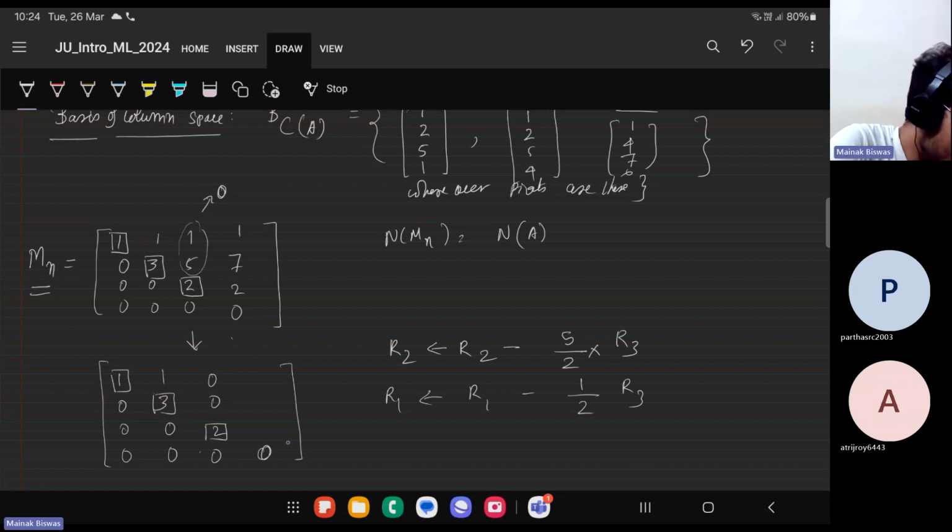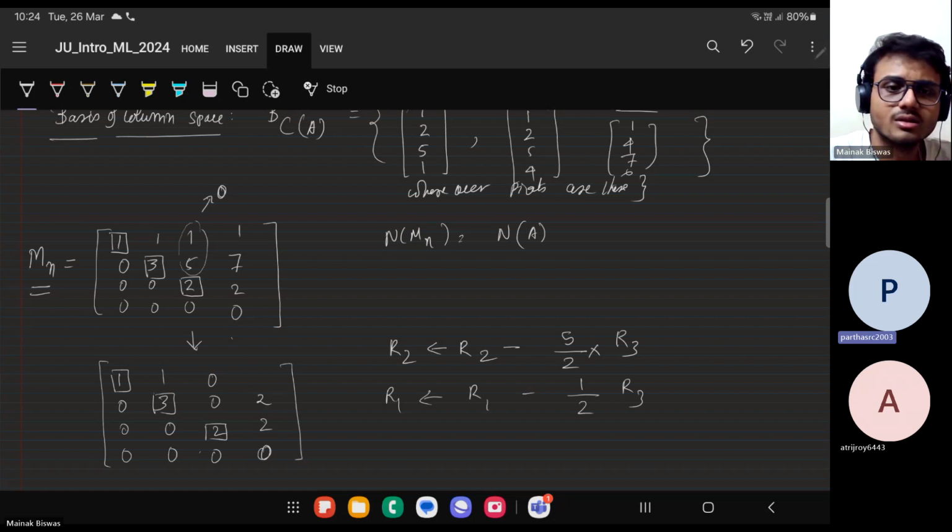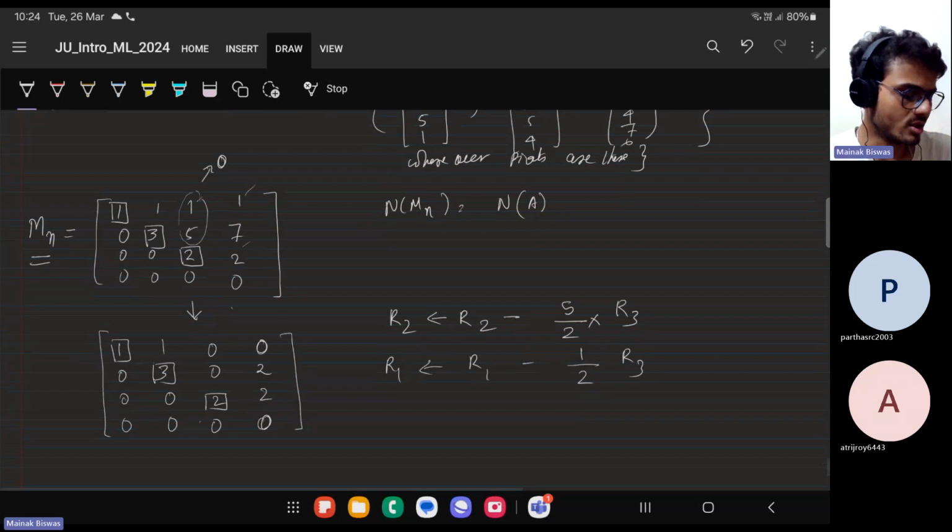Then tell me what the third column and fourth column values are. 9 by 2 will be above 2. R2 minus 5 by 2 R3, it will be 2 in that. Then above that will be minus half of R3, that will be 0. Both are 1, both are 2. Good.